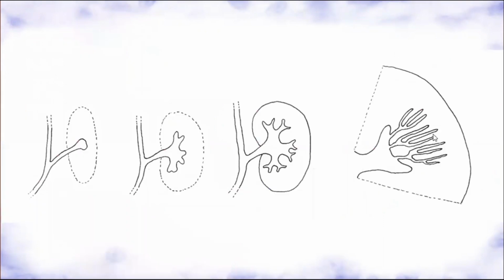And here we can see development of the collecting tubules and ducts. And here we can see a growing collecting tubule. It's located inside the kidney and it's surrounded by metanephrogenic tissue. It forms groups of cells, and later they will form tube-like structures with a cavity, something like a bubble, and this bubble is elongated, and later it forms an S-shaped body.